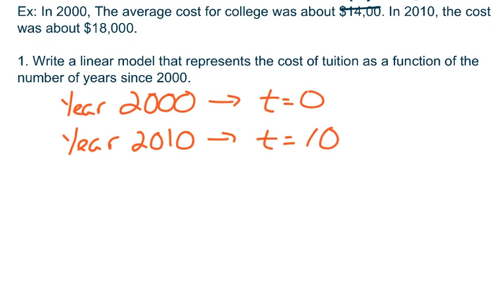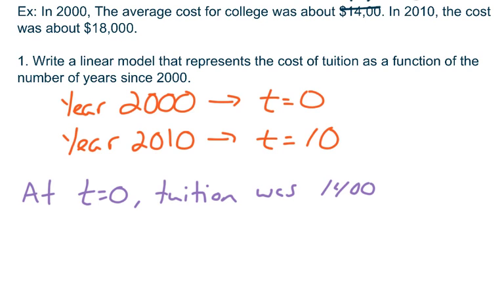Well, we can say that at t equals 0, so in 2000, the tuition was $14,000. So really what that's telling us is an ordered pair. It tells us (0, 14,000). Okay?